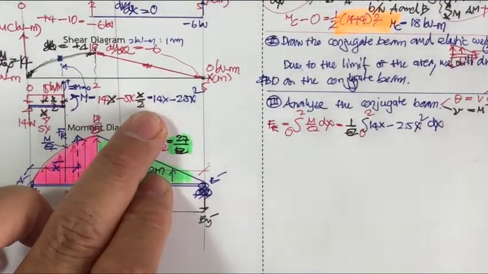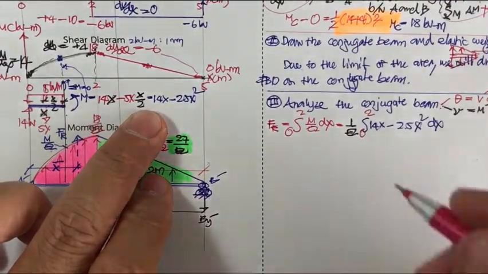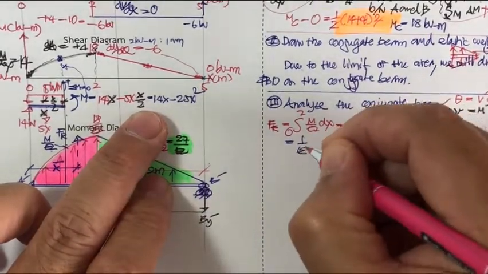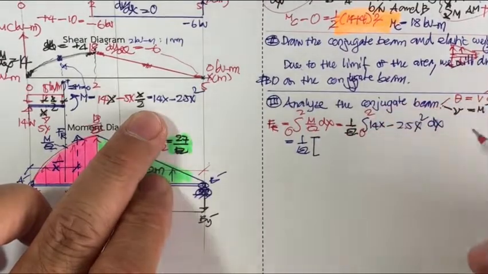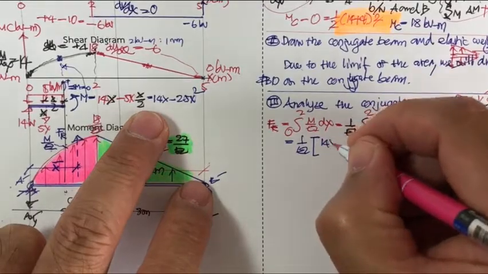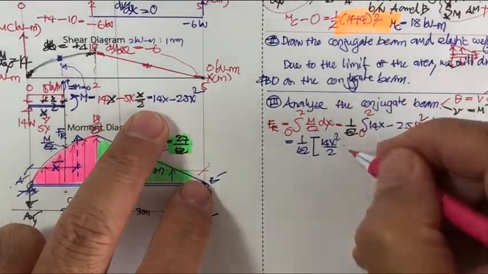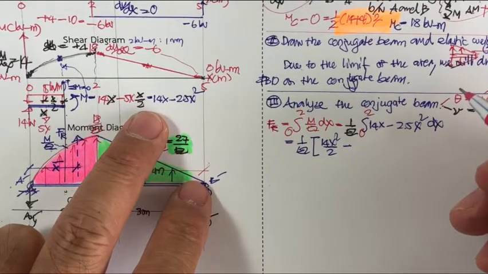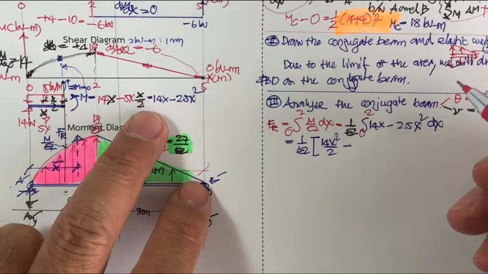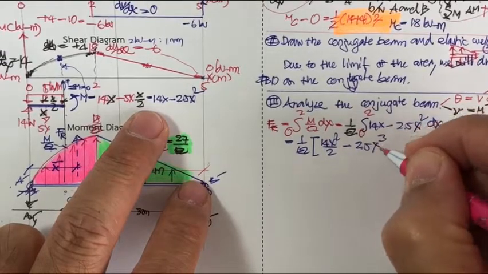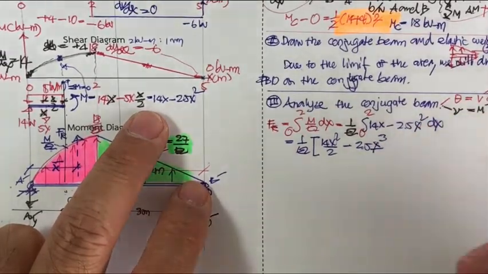If you do that, it's going to be equal to 1 over EI, and this is going to be 14x squared divided by 2, minus 2.5 and x cubed divided by 3.